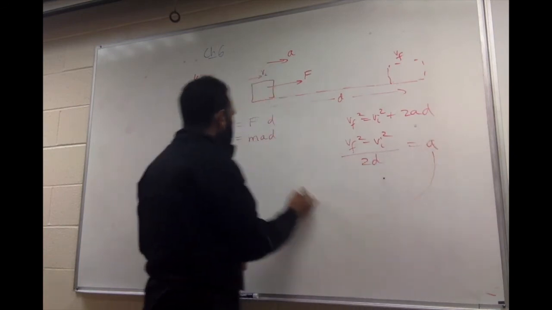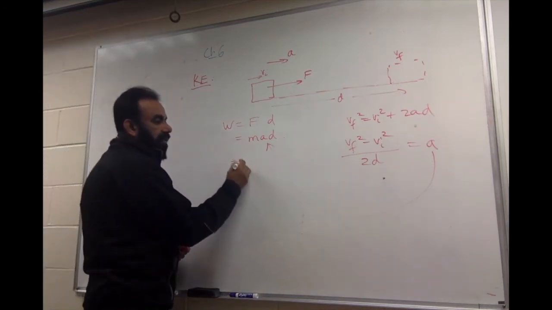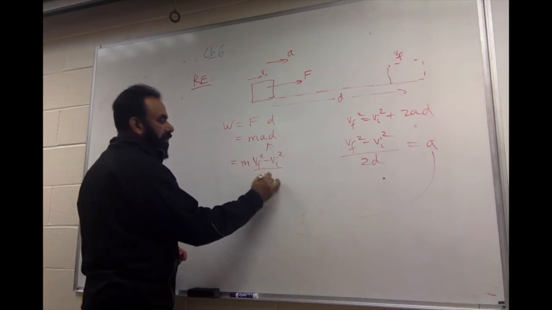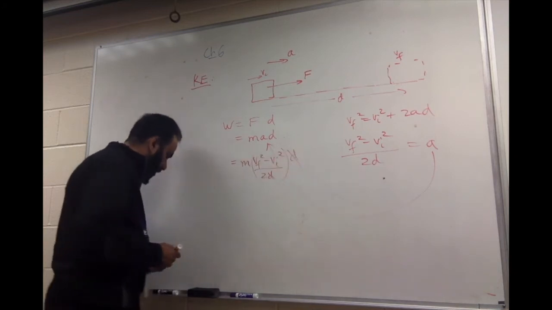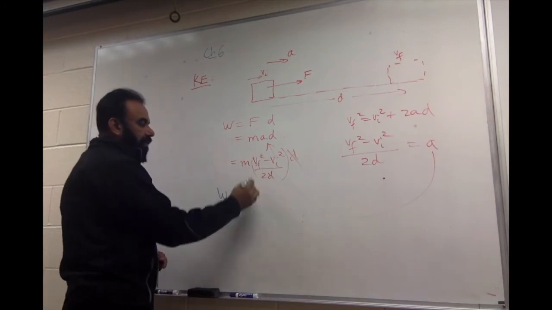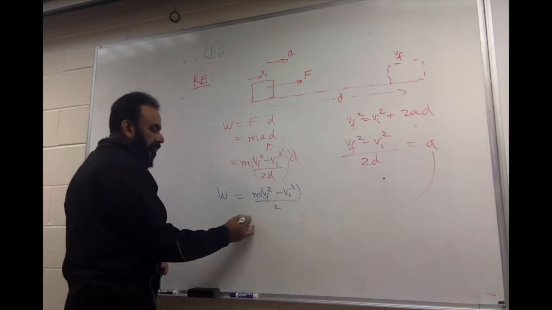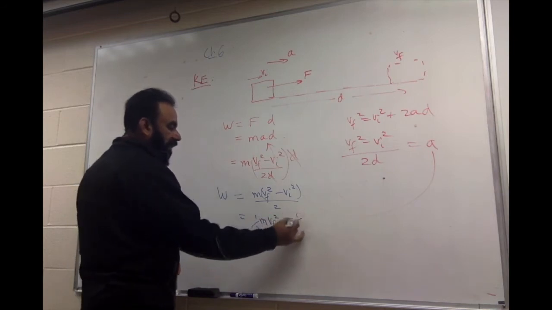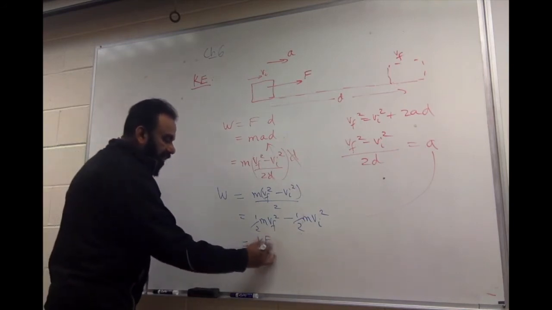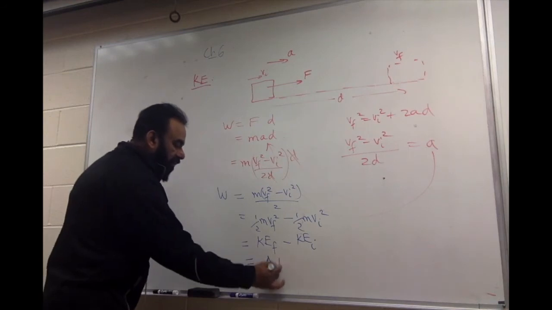Substitute that over here, and you get mass times Vf square minus Vi square over 2D times D, which becomes m times Vf square minus Vi square over 2, which is half m Vf square minus half m Vi square, which is kinetic energy final minus kinetic energy initial, which simply means change of kinetic energy.